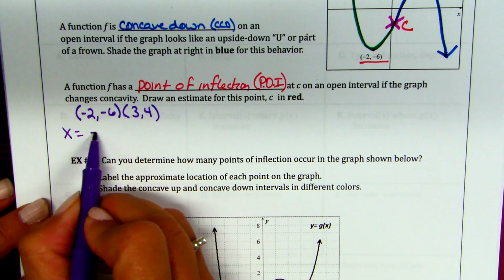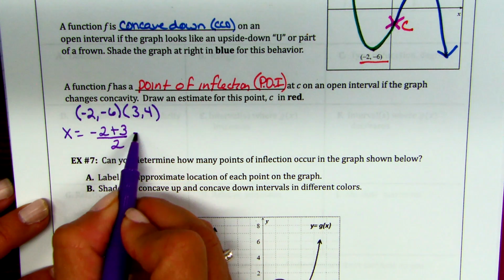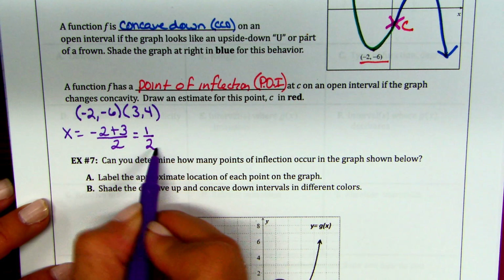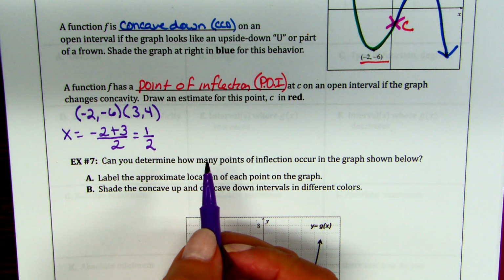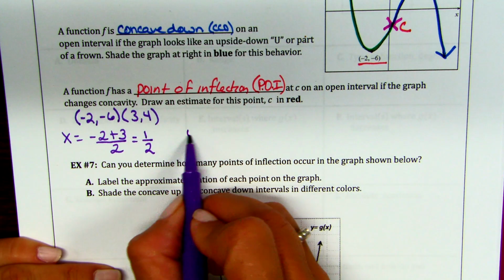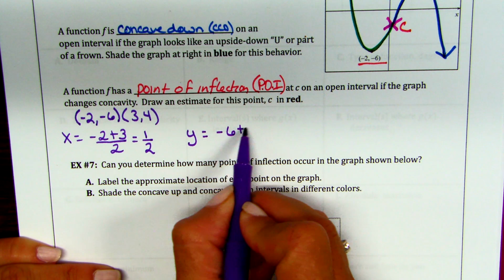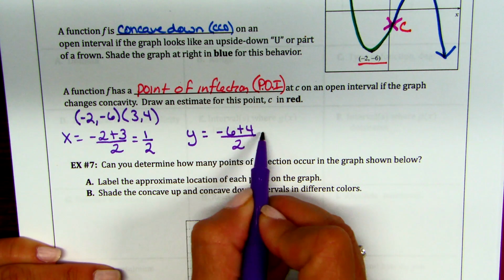So I'm doing -2 plus 3 divided by 2 gives me 1/2, or 0.5. You could do 0.5 as well. And then on my y's, add the 2 y values together and divide by 2.